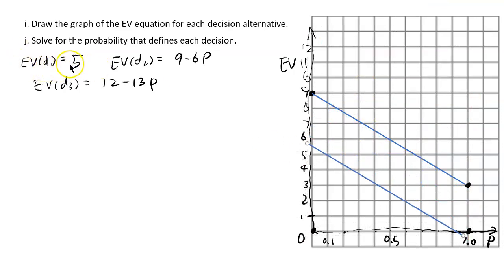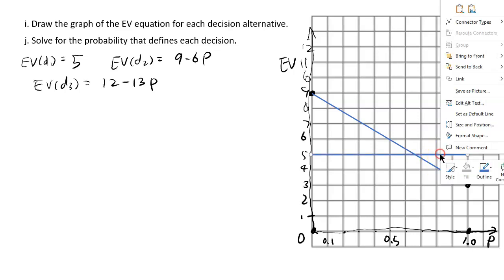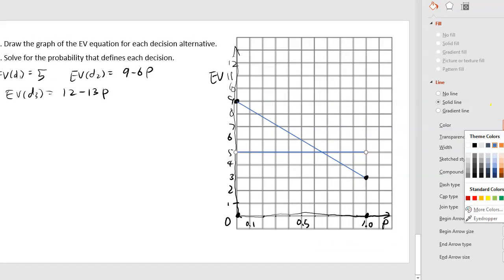See, EV of D1 gives you 5 regardless of whether P is 0 or P is 1. So it's a graph from 5 to 5. It's a straight line. Okay. Let me change the color. Maybe green. Okay. All right.